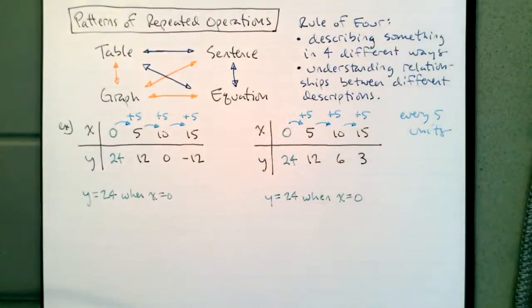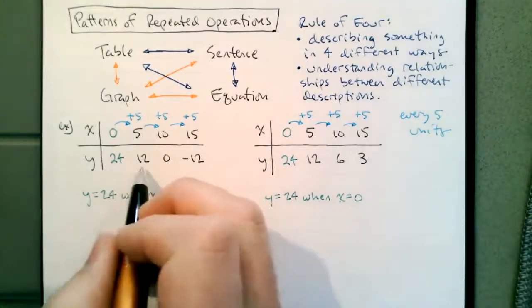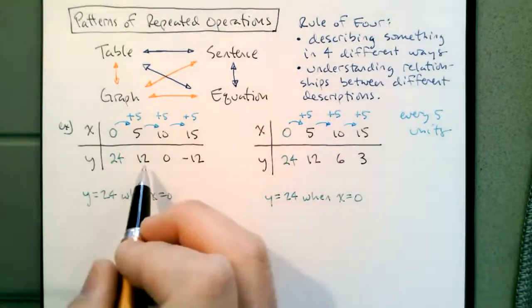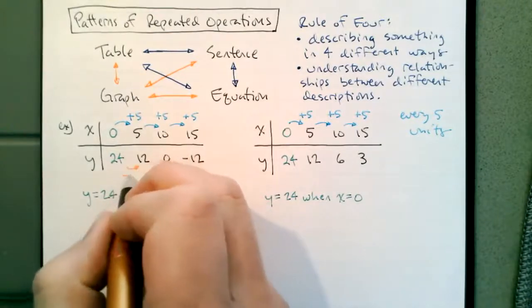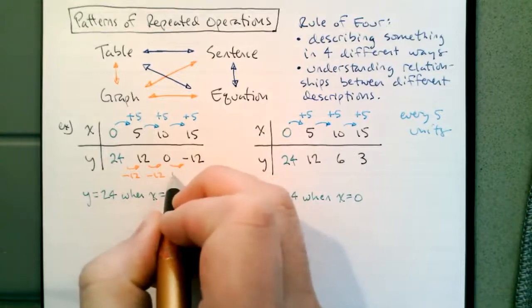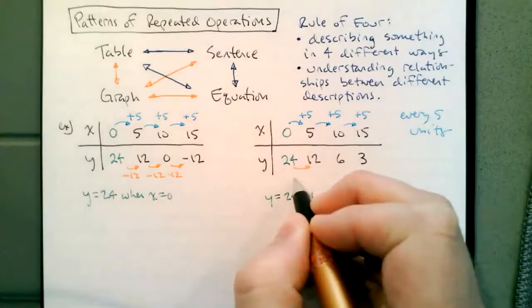But what's happening every 5 units is different. That's the difference between the two. We don't see it in the first 2 points, 24 to 12, 24 to 12, but we see it in the overall pattern, 24 to 12 to 0 to negative 12. It looks like here we're subtracting 12 each time. Whereas in this one, we're multiplying by 1/2.